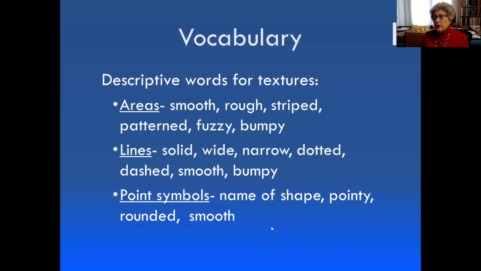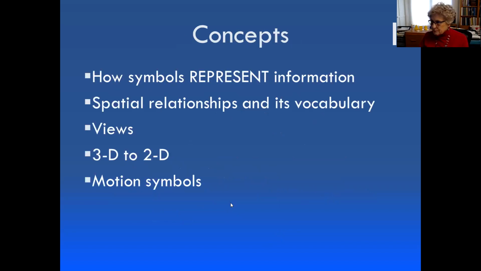You can also share some of the ways you might call it: striped, or I grew up in the South and that word is striped in the South. They might call it lines, an area that has a lot of lines that are parallel. So you may call it something different. But help kids identify those vocabulary words as you go along.